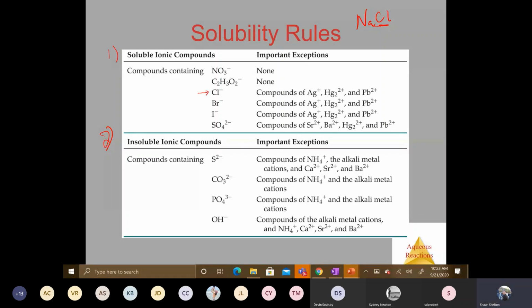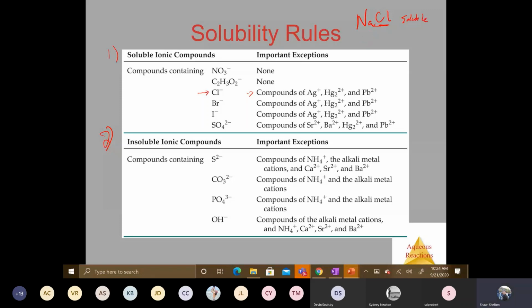Now, there's always an exception to the rule. If you look at this part, it says important exceptions: compounds of silver, lead, and mercury. So when I go back up and I look and say, hey, is this silver, lead, or mercury? The answer is no. So that means that sodium chloride is soluble.